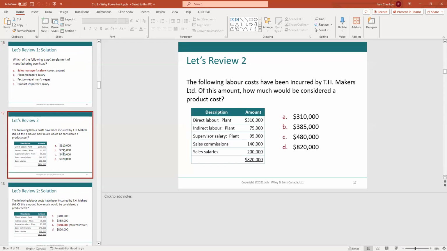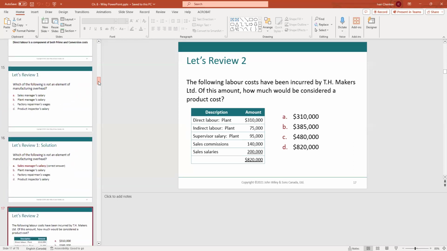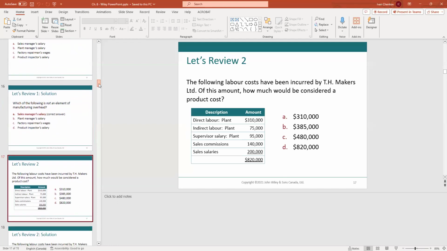Okay, so another question here for you. The following labor costs have happened in this company. Of all these amounts here, how much will be considered product cost? So the product cost, having in mind, is direct material, direct labor, manufacturing overhead, correct?